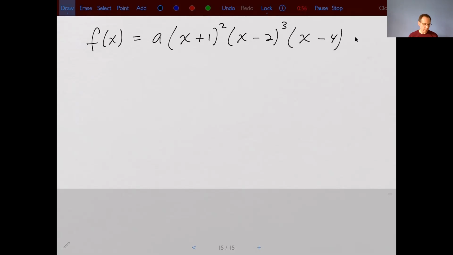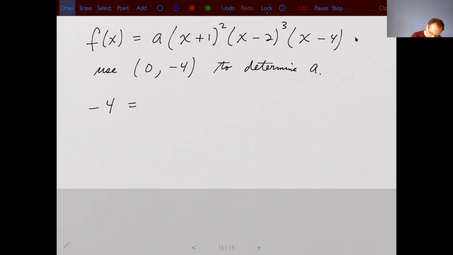So typically we're going to use that vertical intercept. In this case, the vertical intercept was (0, -4). So I want to use the point (0, -4) to determine a. When the output is -4, the x is 0, so I need to plug in 0 here.